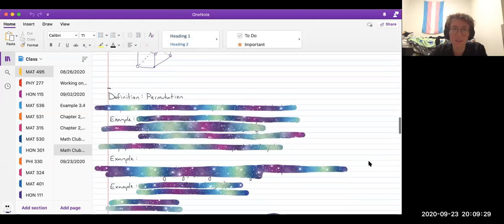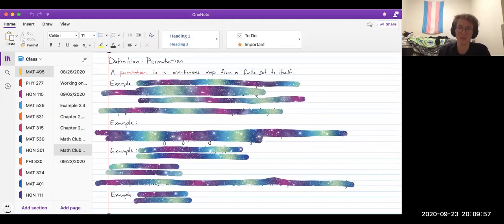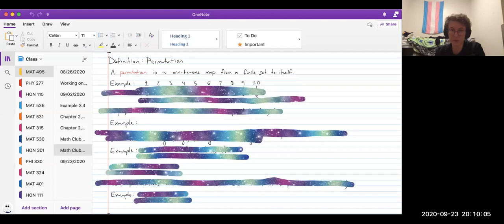All right, so now this might seem a little out of the blue at first, but trust me, it'll be important, because we're going to wind up using permutations to represent dessines. So first, let's talk about what a permutation is, because probably not everyone here has worked with permutations before. A permutation is just a one-to-one map from a finite set to itself. An example: let's say your set is the numbers from 1 through 10.